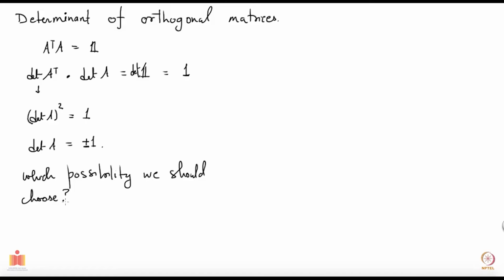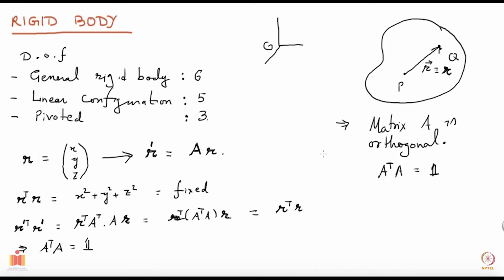It's not difficult to understand what we should do, and it's simple if we do it the following way. We can go from an initial location of points P and Q. We start with our body in some configuration, points P and Q are given the way they are, and we ask what is the matrix A that takes you to its final configuration, let's say P prime Q prime.